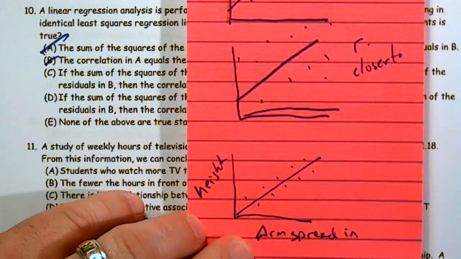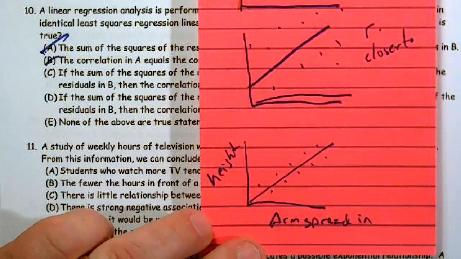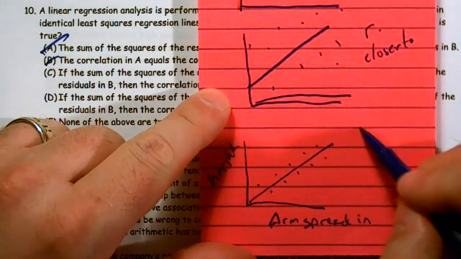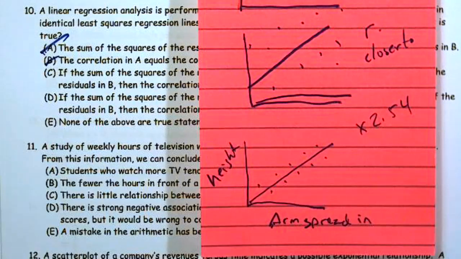And I decided, you know what, I'm going to measure it in centimeters instead. Well, guess what? To measure in centimeters, I'm going to have to multiply every data point by 2.54. So it's going to move farther away from the line. But the correlation would be exactly the same because it's actually the same data.